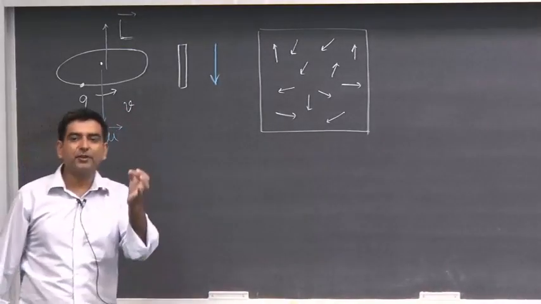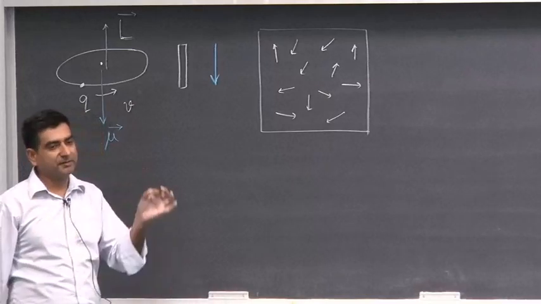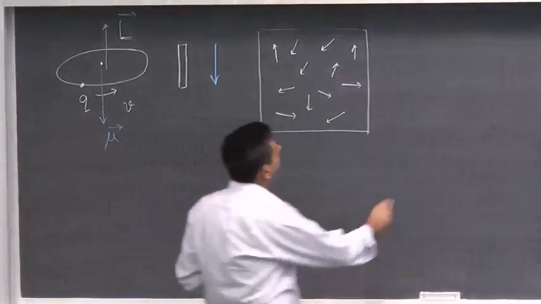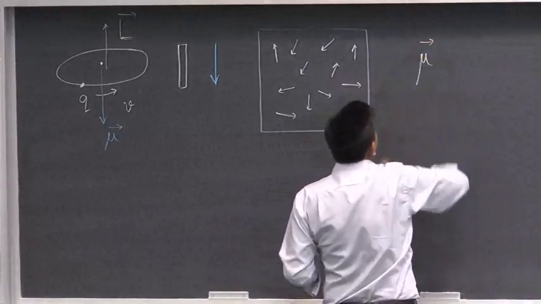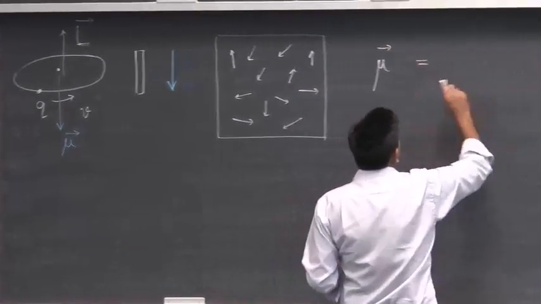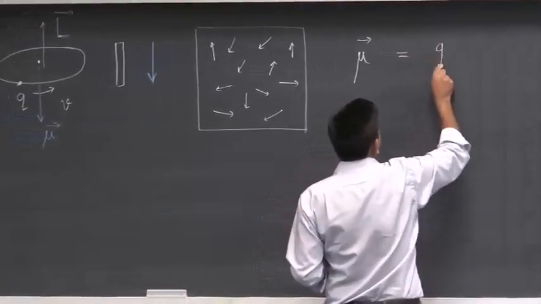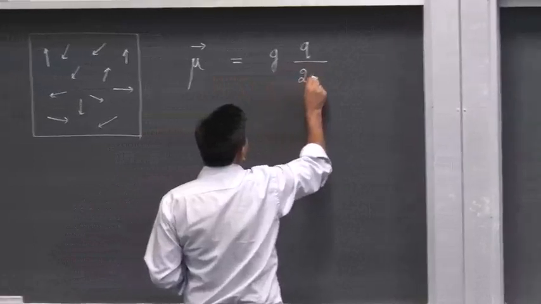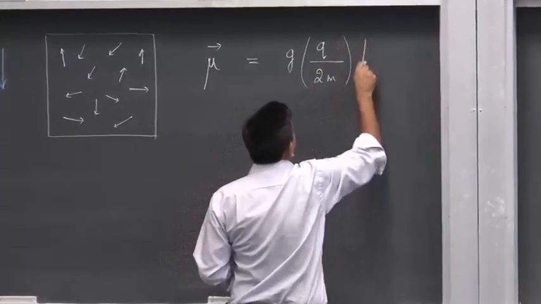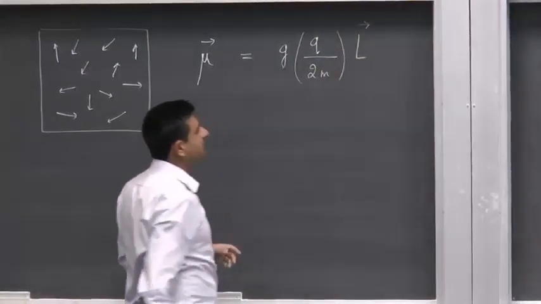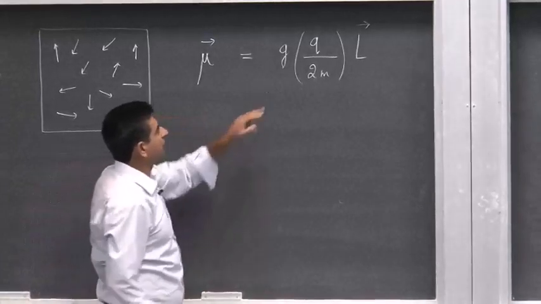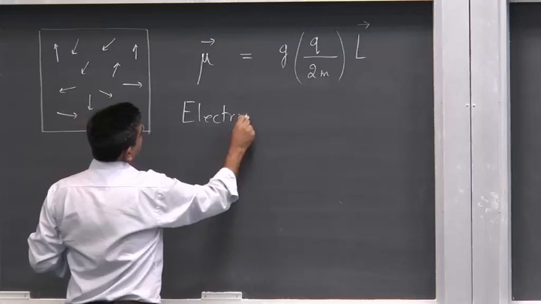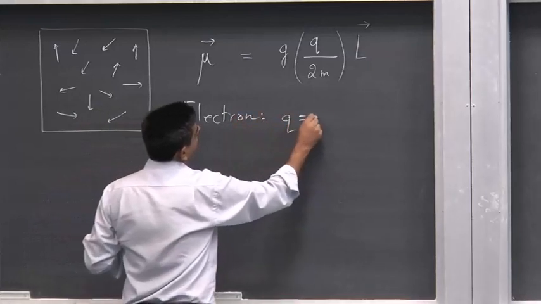Now, associated with the orbital angular motion of an electron, there is a magnetic moment. However, we know that mu equals, for an electron, let's talk about general charges, a G factor, Q over 2 times the mass of the particle, and an orbital angular momentum. For an electron, this Q is minus e.